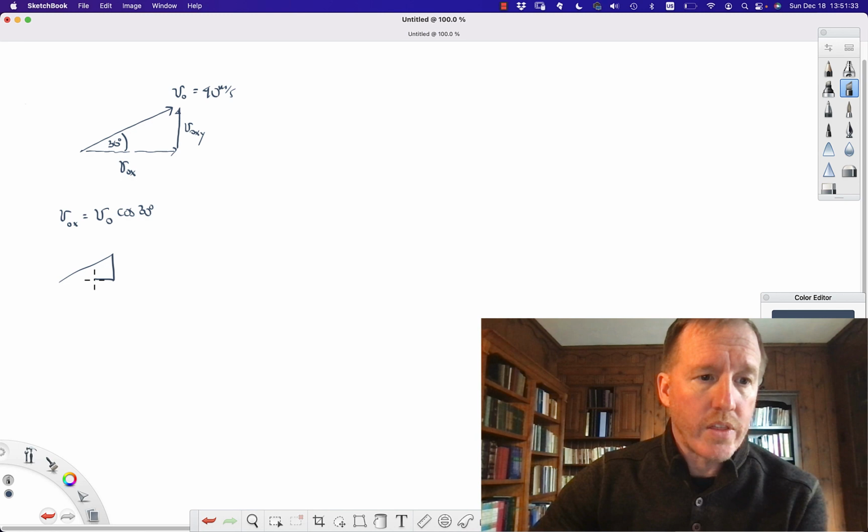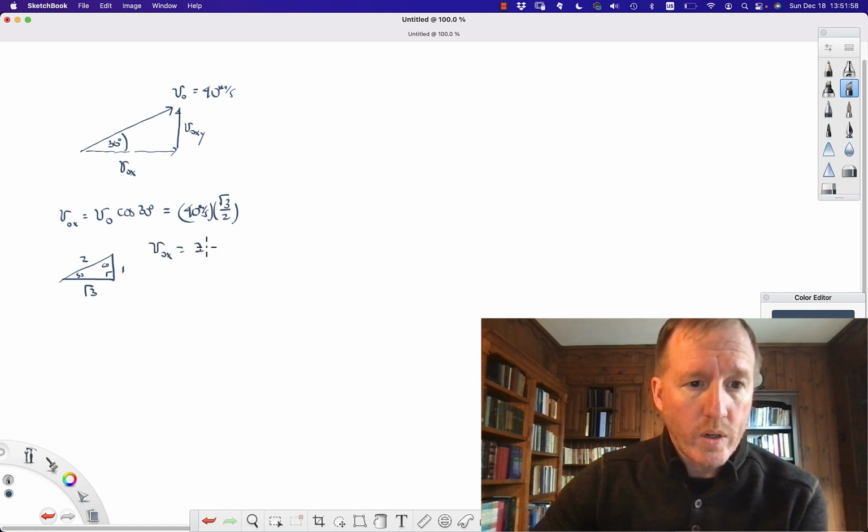Well, remember, if you have a 30, 60, 90 triangle, the ratio of the sides is 1 to 2 to root 3. And so this is going to be 40 meters per second times, well, what's cosine of 30? It's adjacent over hypotenuse, so it's root 3 over 2. So the initial velocity in the x direction is 20 root 3 meters per second.